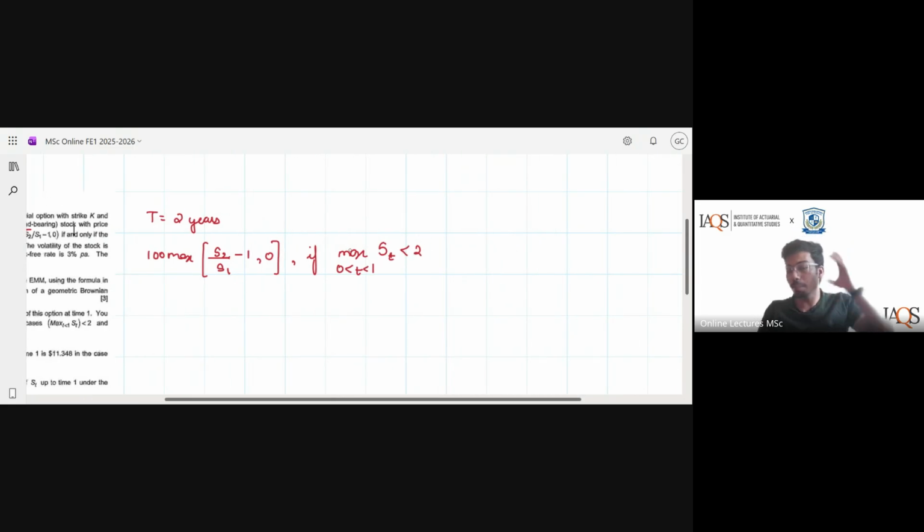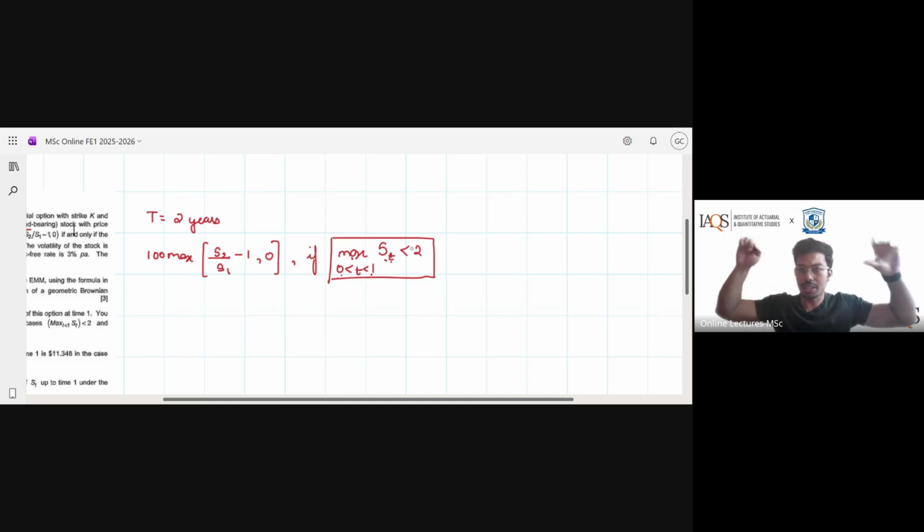That means the maximum value of the underlying asset price between time 0 and 1 should ideally be less than 2. Because if it is greater than 2, then you don't get this payoff, because the stock price has exceeded 2 by time 1. That is why this condition has to be true. So it's ideally saying, in your OHLC, open, high, low, close data that you see in financial markets, the high has never exceeded $2 between time 0 and 1. Fair enough? With me?